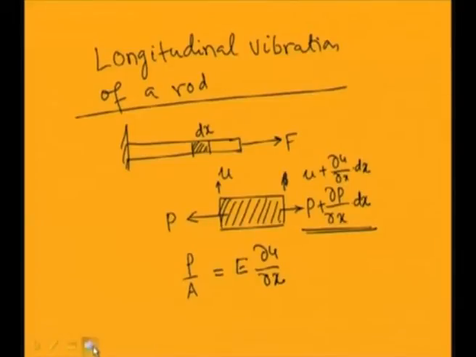Similar to the previous case, let m be the mass per unit length. So I can write m into dx, which is the mass of that element, into del square u by del t square.